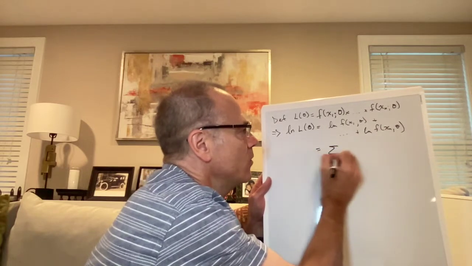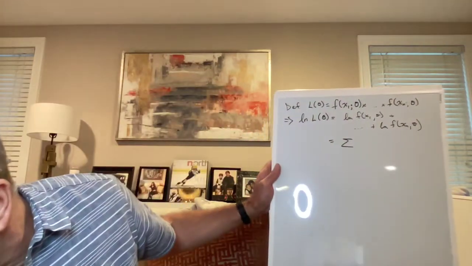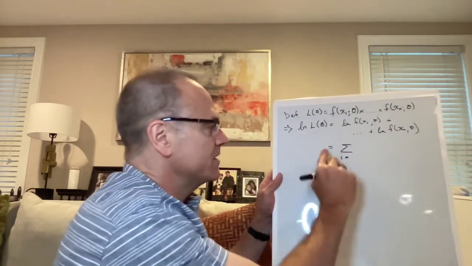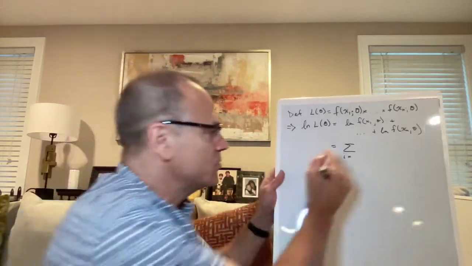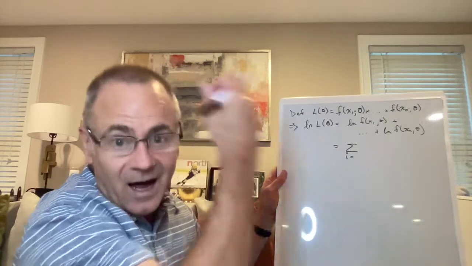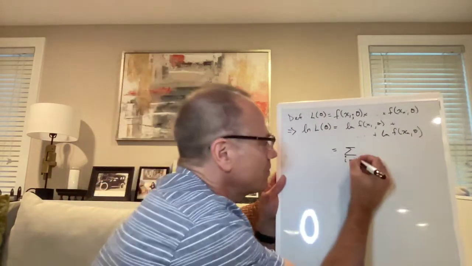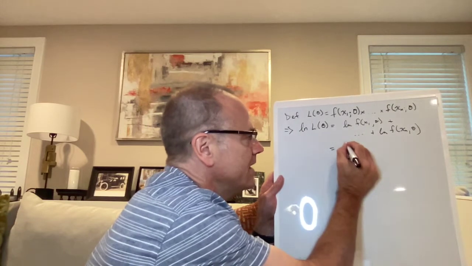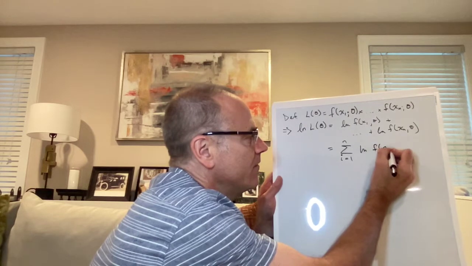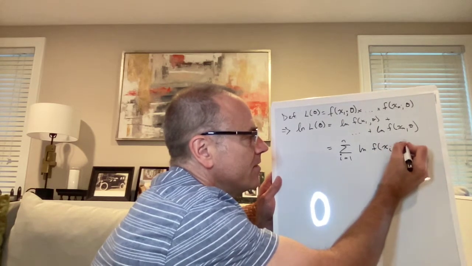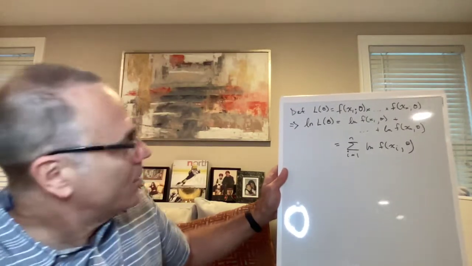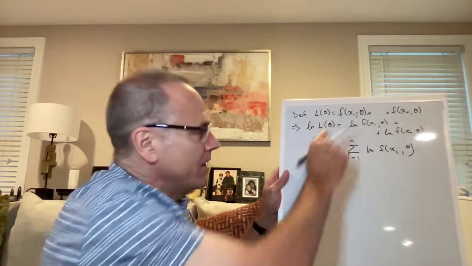In other words, that equals, what does he use? He uses i. I called it observation t, but I'm going to switch now to calling it i. So the sum from i equals 1 to n of log of f of xi theta. Okay, so we have that: log of L of theta equals that.